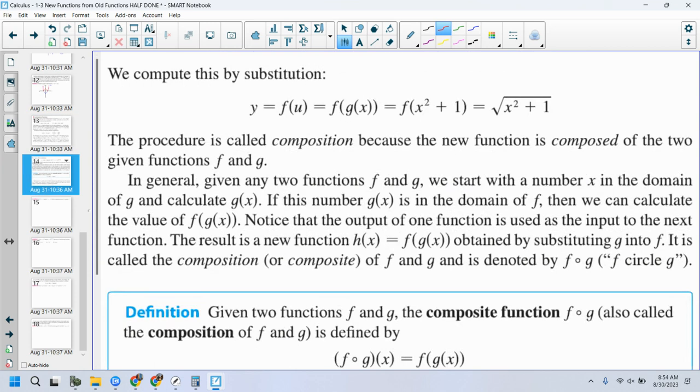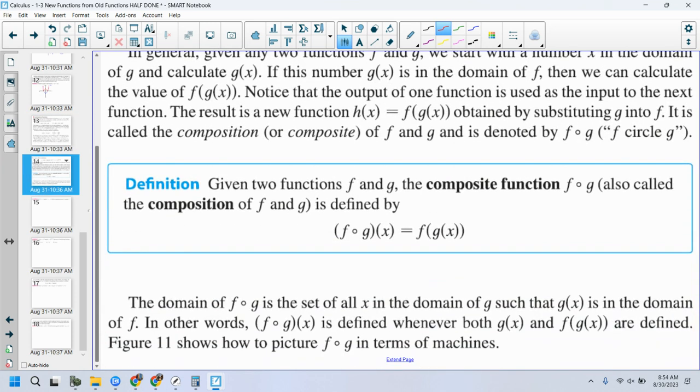When we talk about composition, and this is when we have that f of g and g of f, right? The book likes to use this open circle. I don't know. I always had done f of g of x. I mean, I had learned the open circle, but I don't normally use that. I think it's just easier to write it like that because then you know g is nested inside of f.